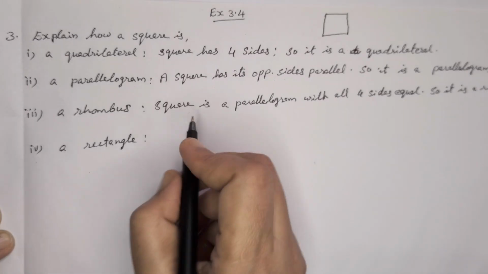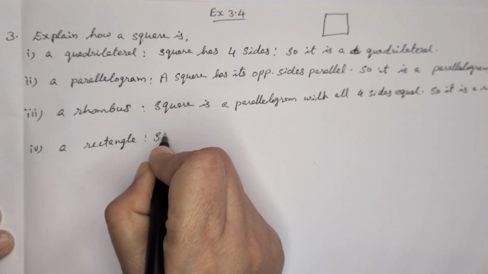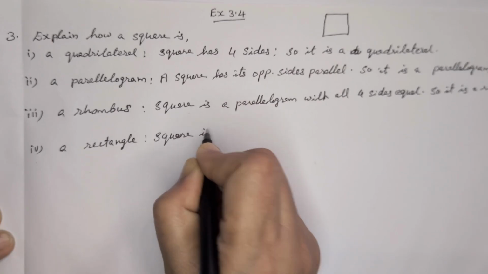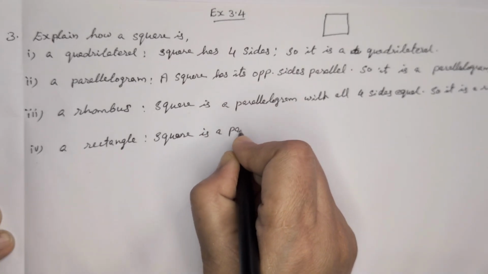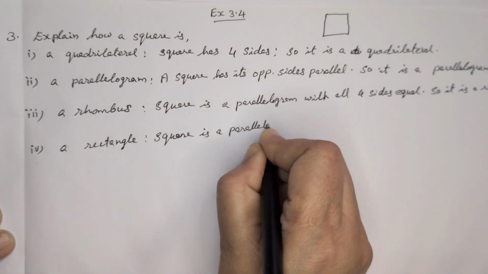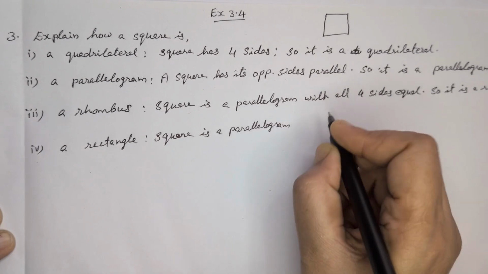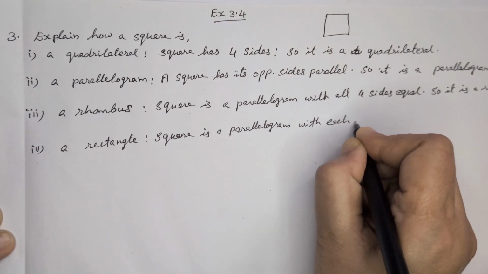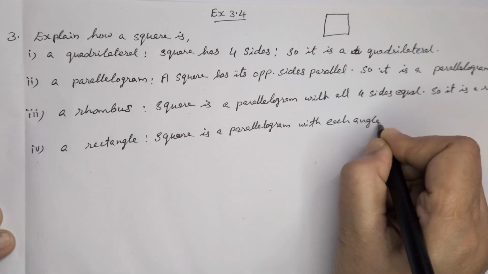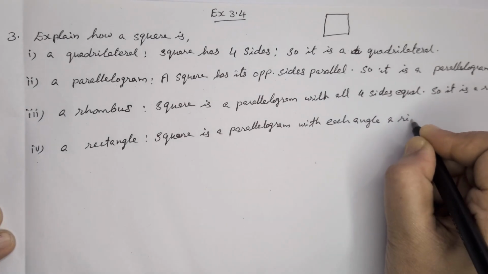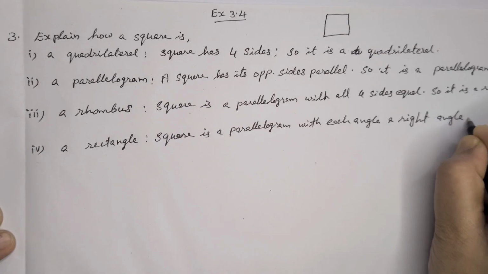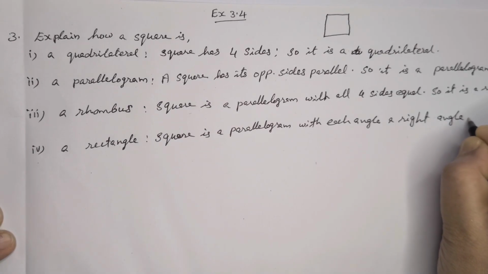Next, rectangle. Square is a parallelogram with each angle a right angle, 90 degrees.